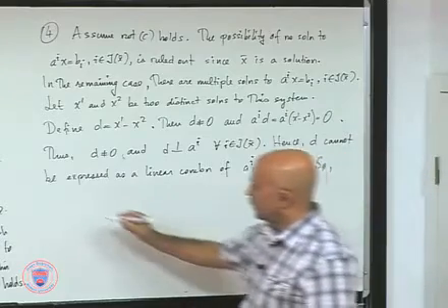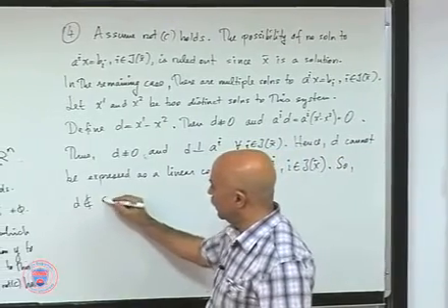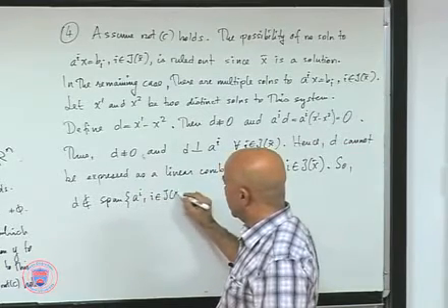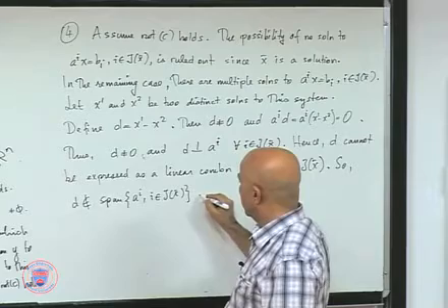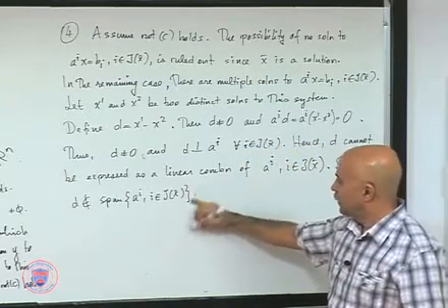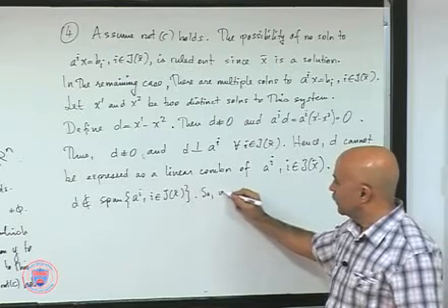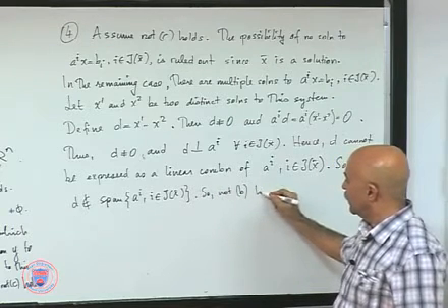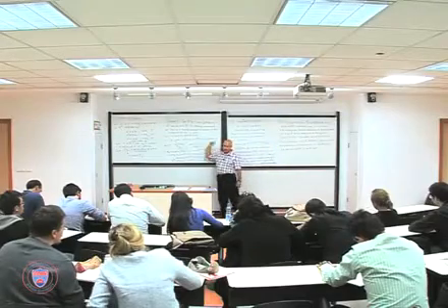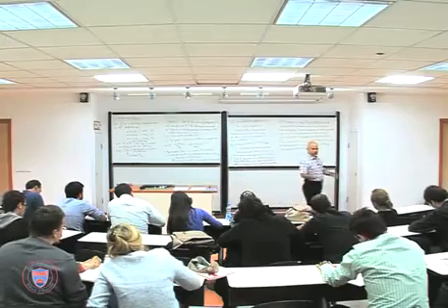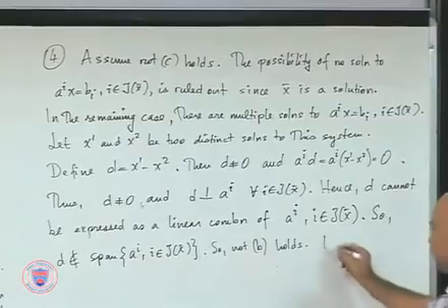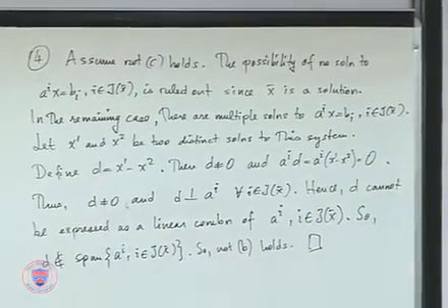So D is not in the span of these vectors, which means not B holds. You don't have equality here, because D is not generatable. Questions?